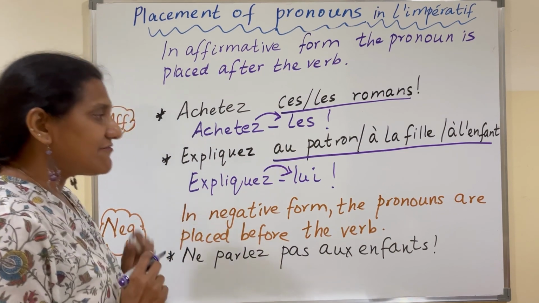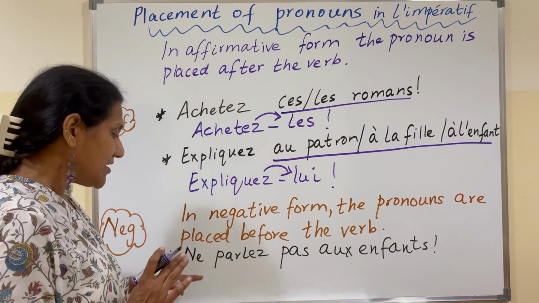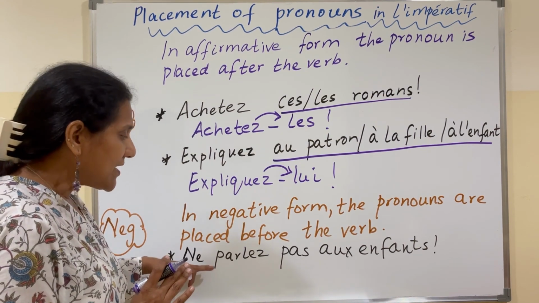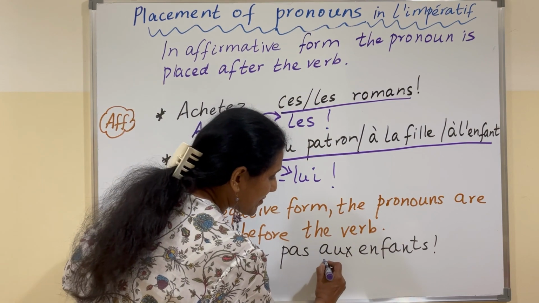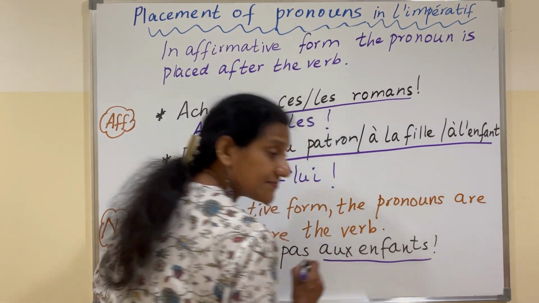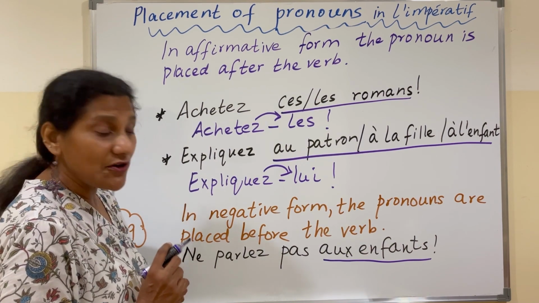Now, in negative form, the pronouns are placed before the verb. So let's take an example. Ne parlez pas aux enfants. Now we can see the verb has got a preposition followed by a person, and this is in plural form, so it's going to be replaced by leur.